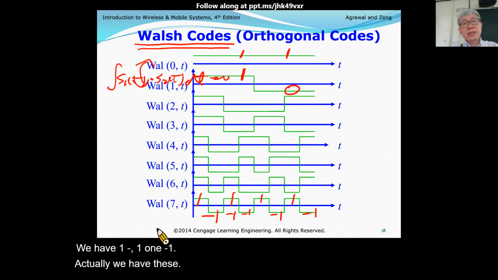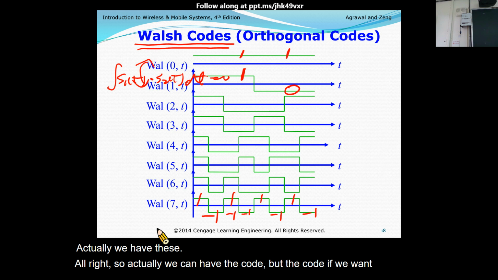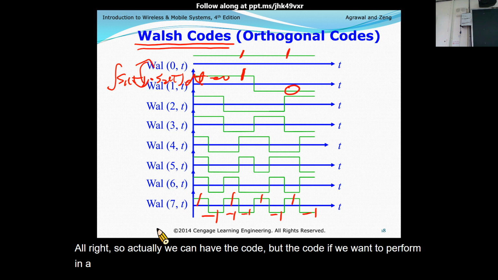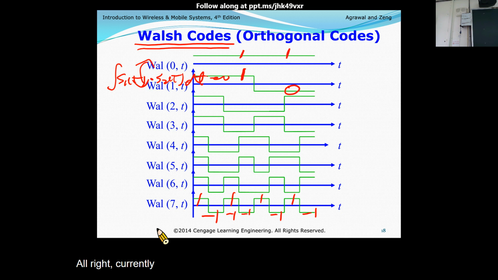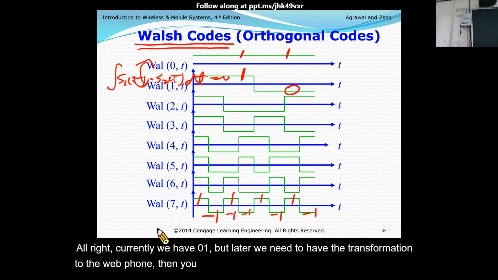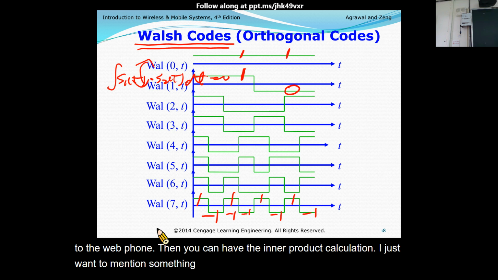All right. So we can have the code, but if we want to perform inner product, currently we have 0, 1, but later we need the transformation to the waveform. To the waveform, then you can have the inner product calculation. I just want to mention something like this, but later we will pass on.